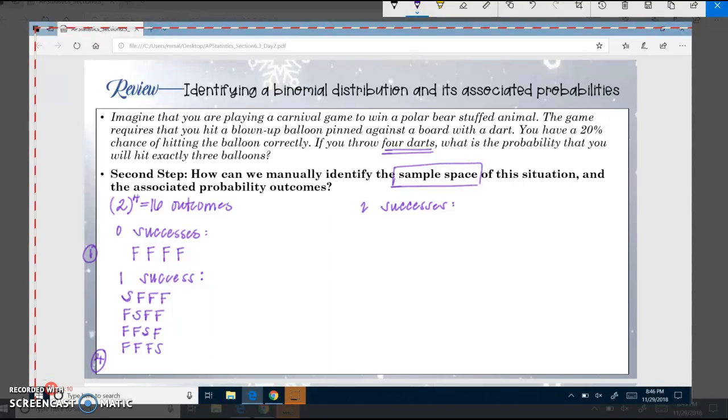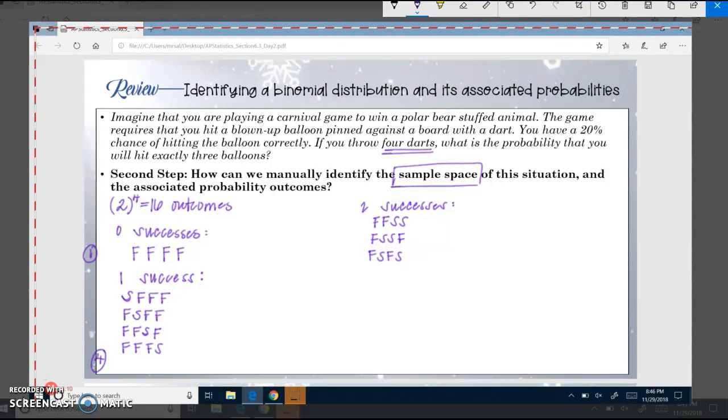So if we look at our setup, we could have a failure, and then we could have 2 successes here. Or we could have a failure, a success, and a failure.